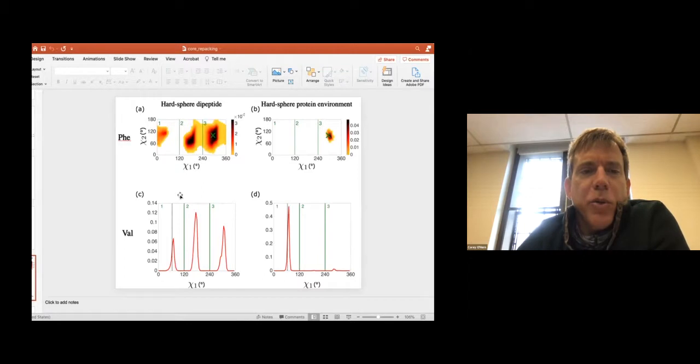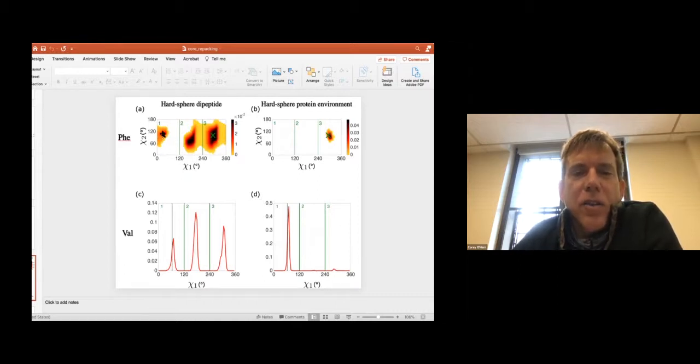So then I walked through a few other amino acids. For phenylalanine, the prediction from the dipeptide model again just shows that it's relatively rotameric. So you could get rotamers 1, 2, and 3 for Chi1.